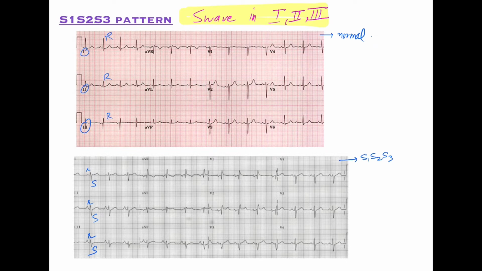Okay, so you can see S waves in leads 1, 2 and 3. So now the question is, why has this happened? What is the cause of these S waves in the leads 1, 2 and 3?